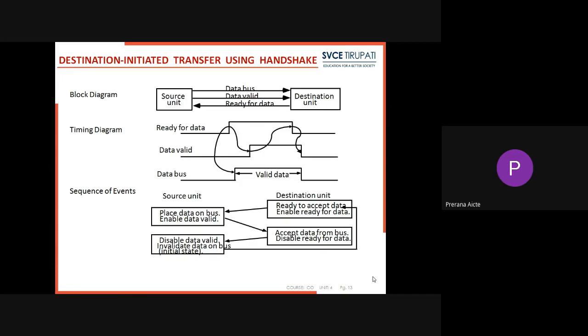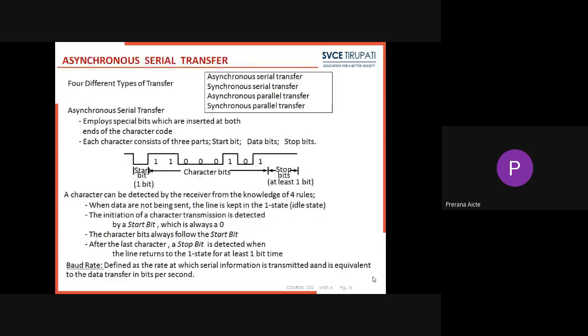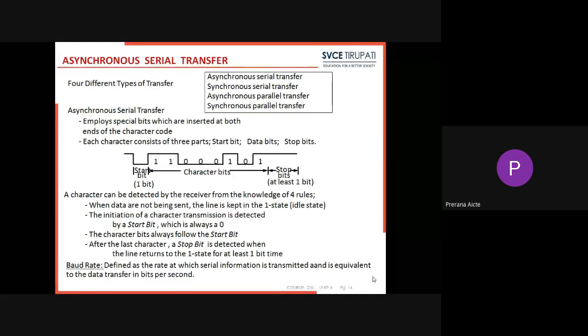The timeout is implemented by means of an internal clock that starts counting time when the unit enables one of its handshaking control signals. And next one, asynchronous serial transfer. Asynchronous serial transfer means the transfer of data between two units may be done in parallel or serial.